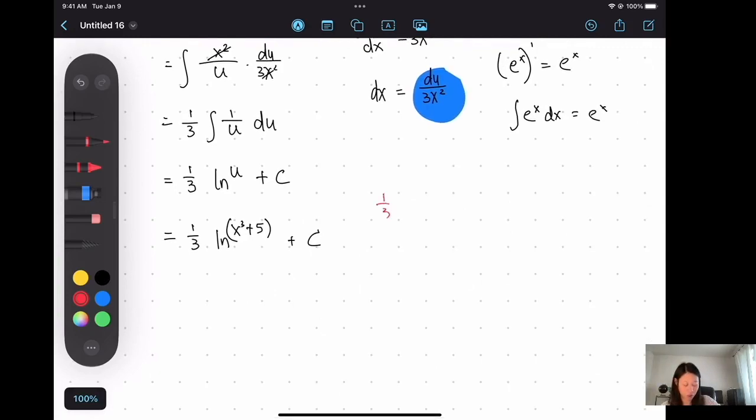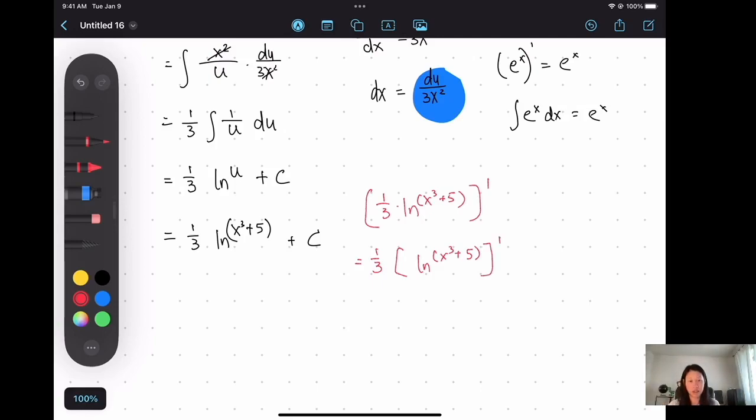So I have 1/3 times natural log of x cubed plus 5, and I want to get the derivative of it. The first step is I can pull the 1/3 out, so I have the derivative of natural log of x cubed plus 5.